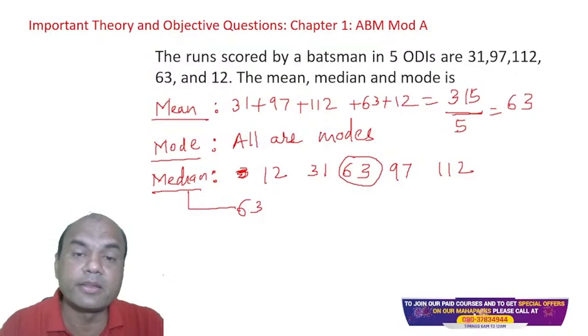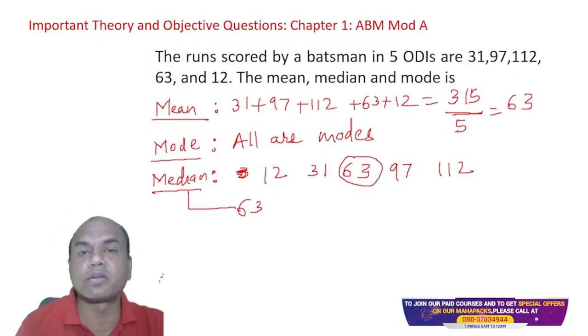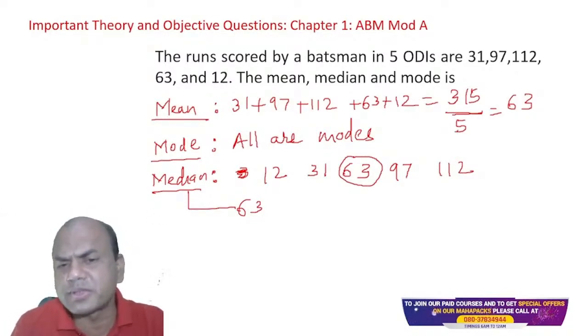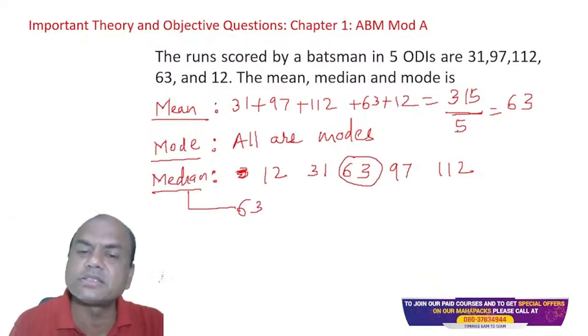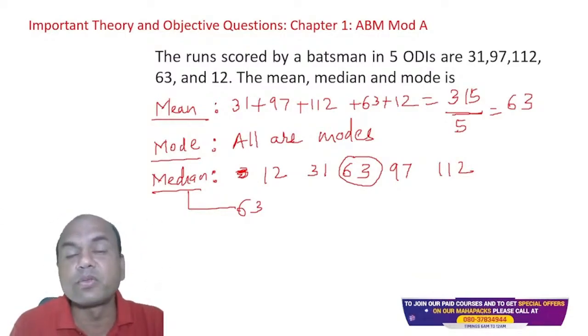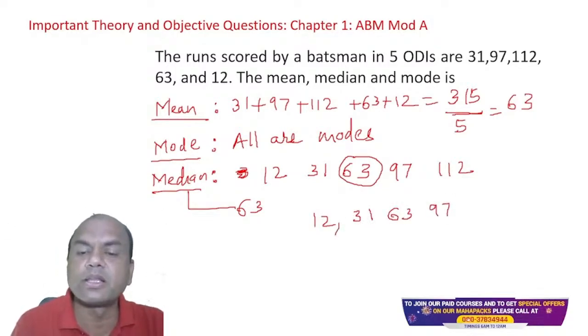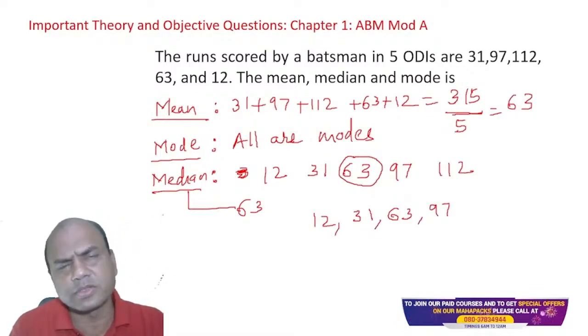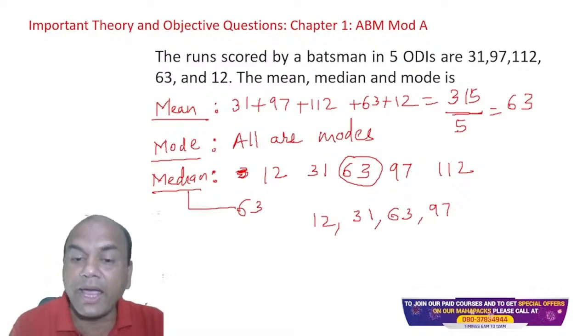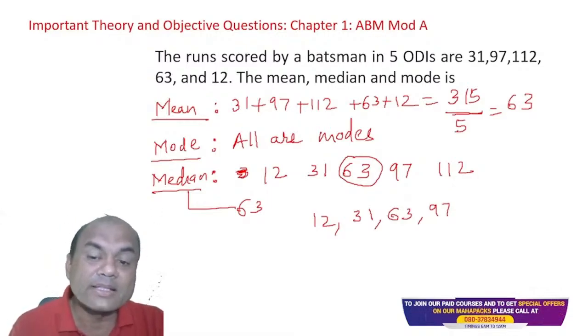Got it, everyone? How to find out the median? Arrange them in serial order. Now you'll ask me, sir, this is odd. That's why it's easy. Suppose there had been only 4 numbers: 12, 31, 63 and 97. In that case, what do we do? The same logic: arrange them in serial order and take the 2 central numbers.